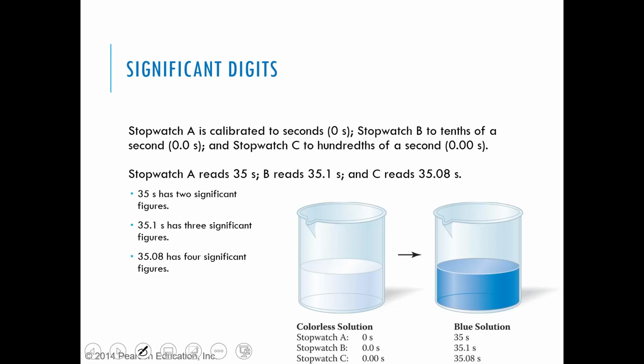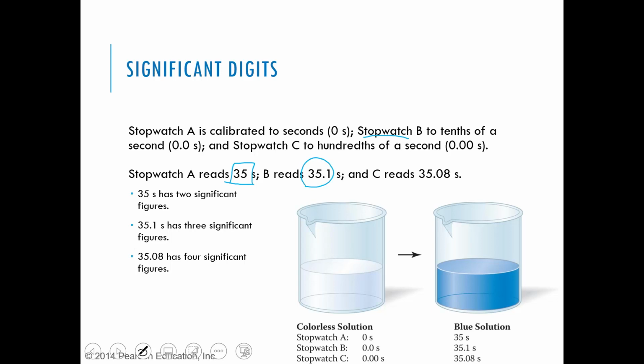Now, the device that we are using to measure, or in this case, to record time with a stopwatch, dictates how many significant figures we have. So if I was using stopwatch A, and we said on your mark, get set, go, and then we stopped, and it read 35 seconds, I would have 2 significant figures in that recording.